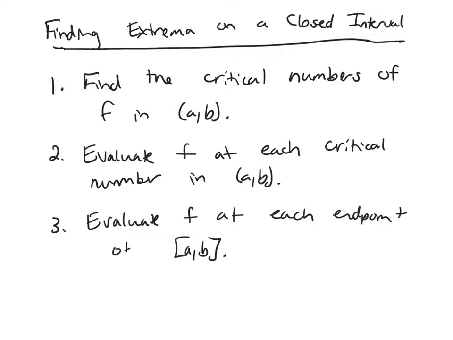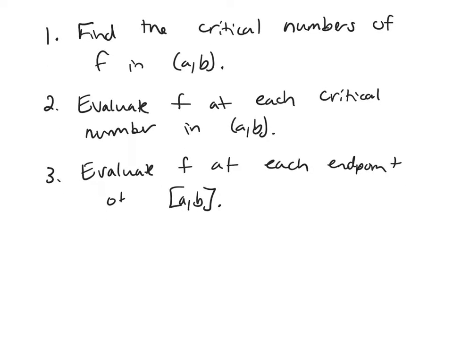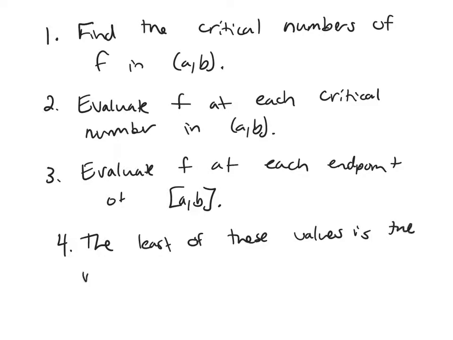So evaluated at a, evaluated at b. And then finally you're going to compare all of these numbers, and the least of these values is the minimum. The greatest is the maximum.